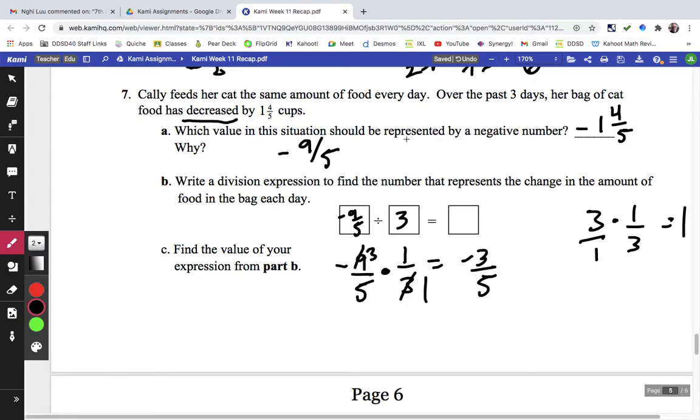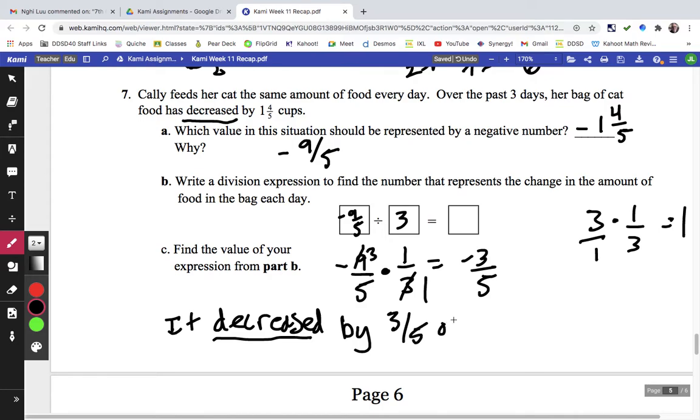Let's read the problem and see what negative 3/5 means. It means that it decreased by 3/5 of a cup every day. Notice how if I say decreased, then I just put 3/5. I could also say it changed by negative 3/5 of a cup per day.